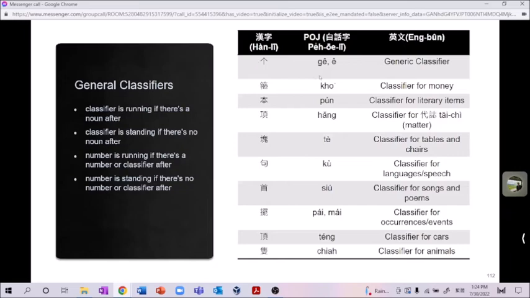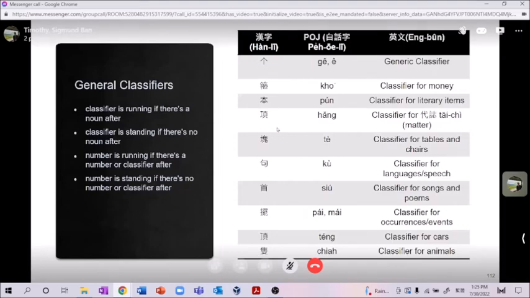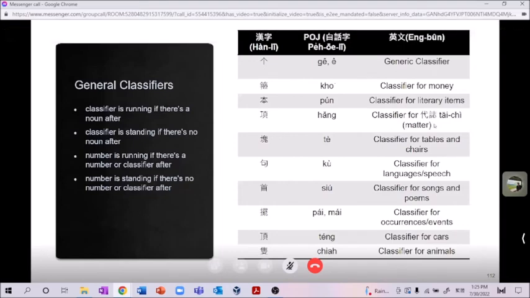We use ge or e. And then ko is the classifier for money. Pun is the classifier for literary items. Hang, as in jehang taiji, is a measure word for matters.